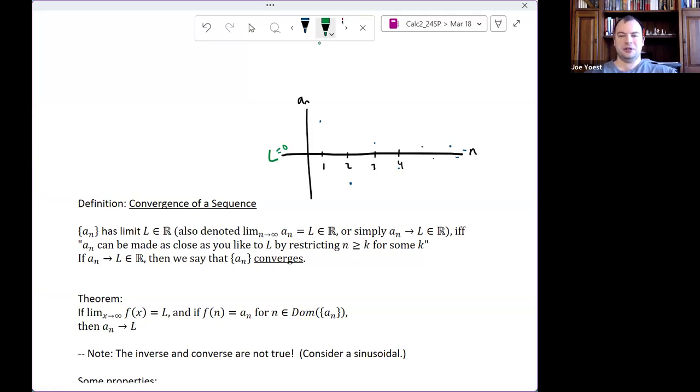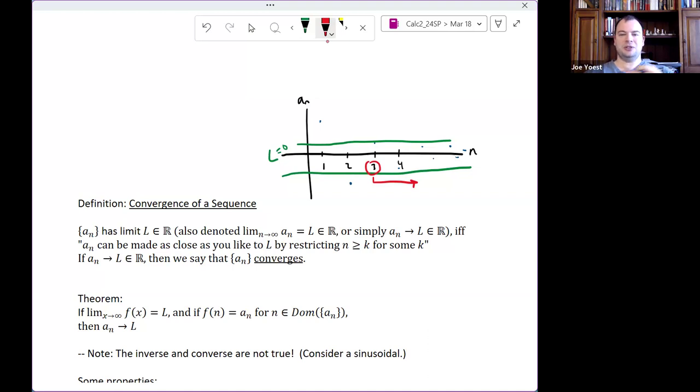If I say, okay, I want you to be within a certain distance of L, and I want you to guarantee that you're within that distance of L by picking a certain n to start at. But once you pick such an n to start at, say in this case n equals 3, you have to stay in this corridor. You have to stay this close to L from that point forward.